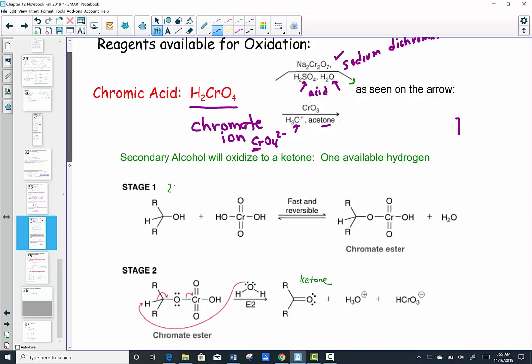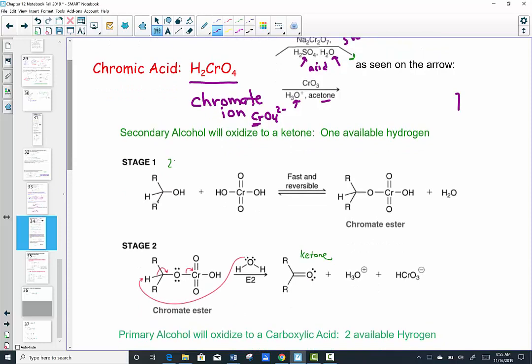Now let's take a peek at what we see. Here is a secondary alcohol, just as an example. So I have just one available hydrogen. What the chromium will do is attach onto the hydroxyl group to turn this poor leaving group into a more stabilized compound. And so we're just adding on to create a chromate ester.